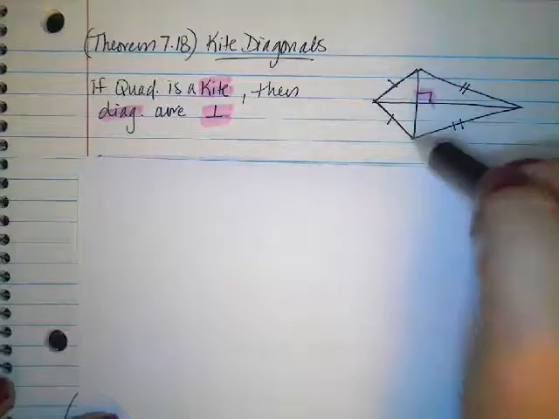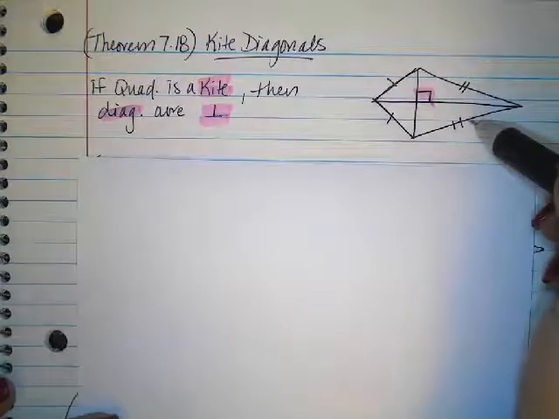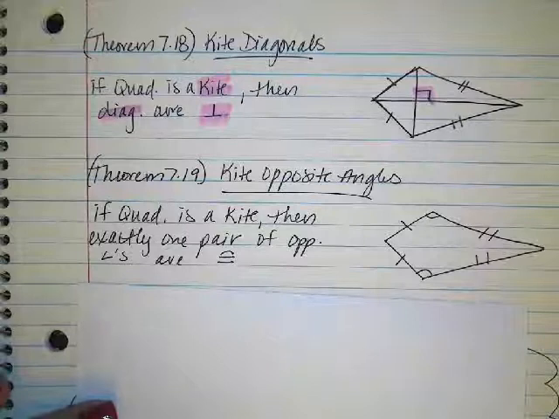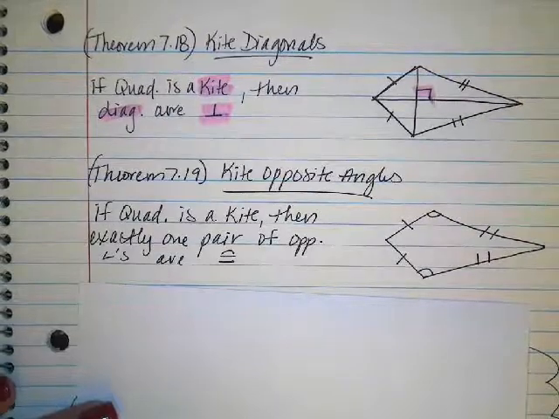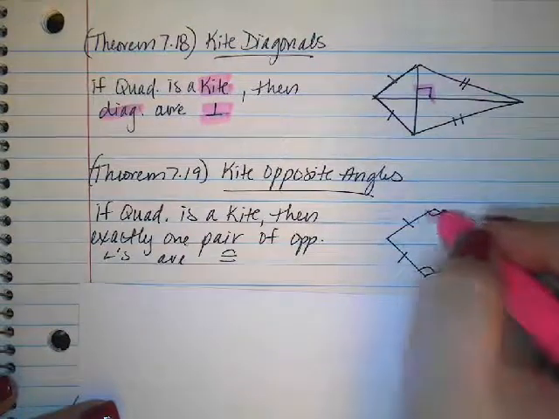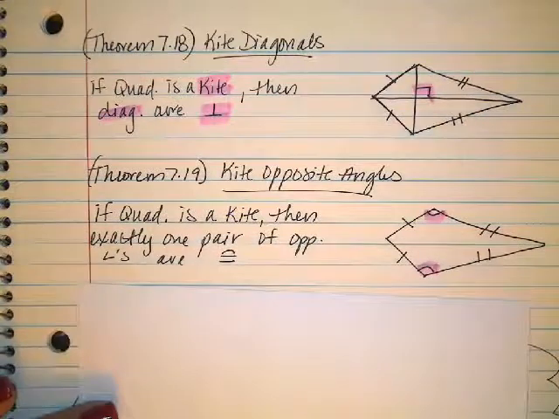These two sides are congruent, and then these two sides are congruent. It's a little bit different shape. And lastly, of a kite, the opposite angles are congruent. So these guys right here, this and this, those guys right there are congruent.